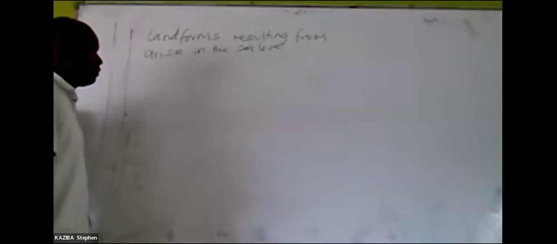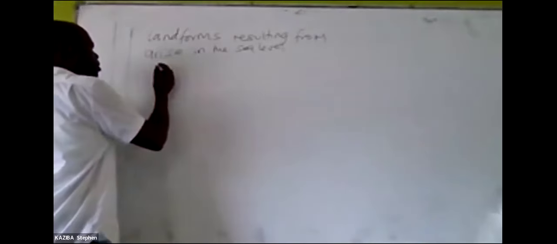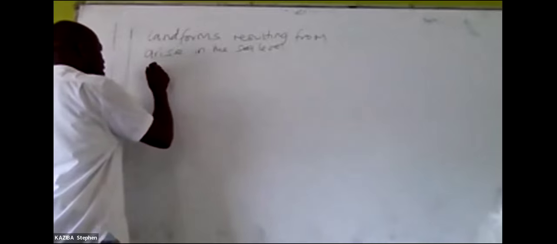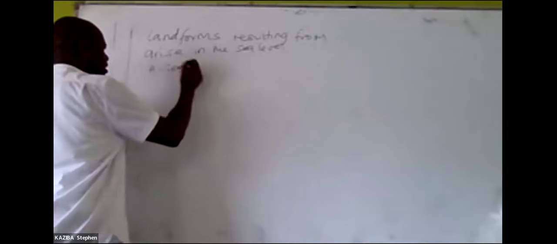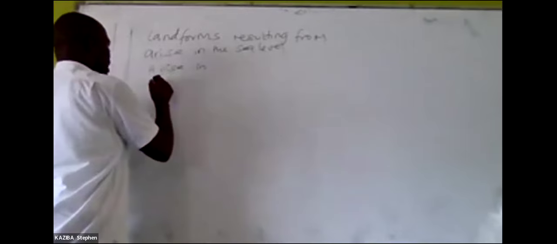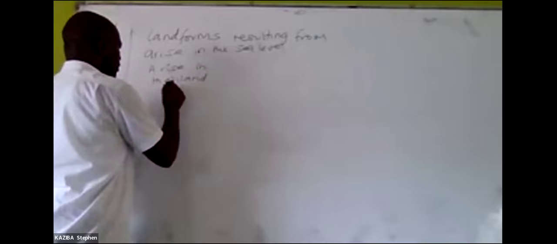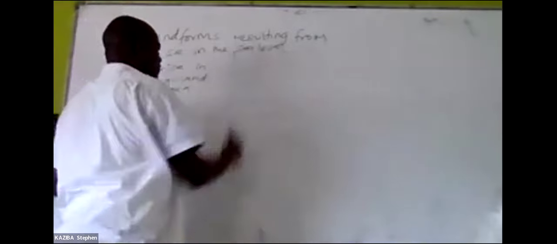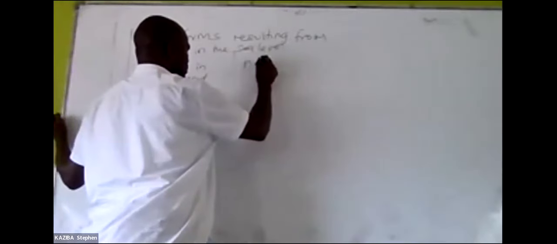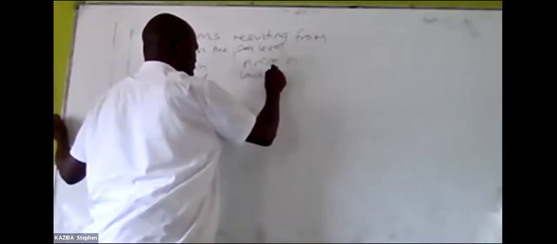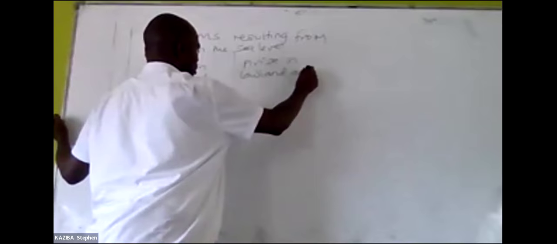So you have landforms resulting from a rise in the sea level. Now we have what we call a rise in highland area, and you also have a rise in lowland area.